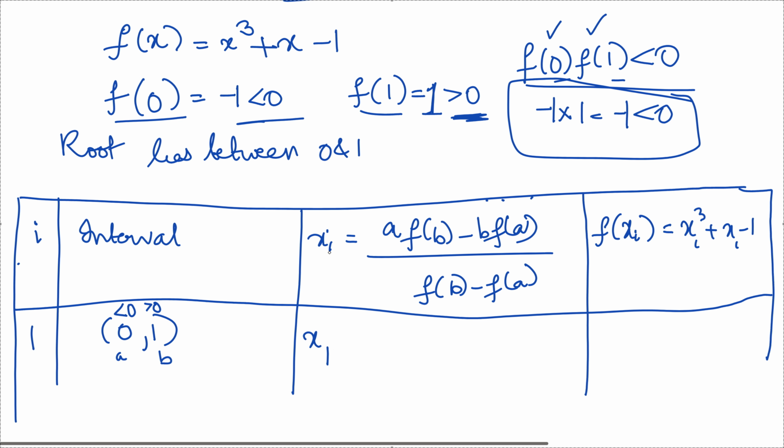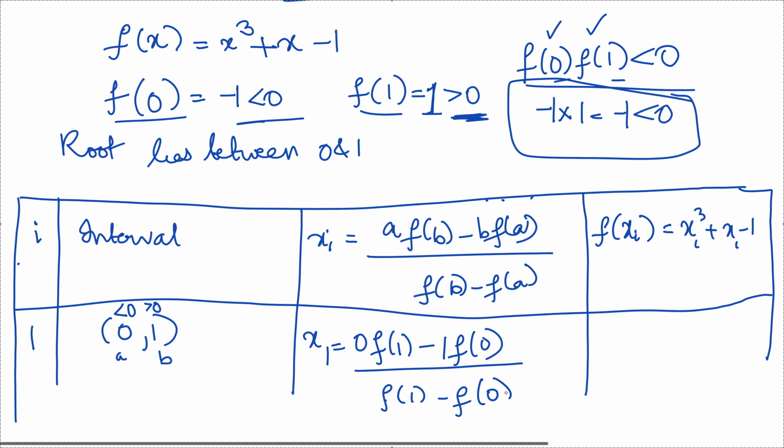First iteration, so i is 1, x1. Let's substitute the values. a is 0, so a into f of b, f of 1, minus b into f of a, b is 1, f of 0, divided by f of b minus f of a, which is f of 1 minus f of 0.